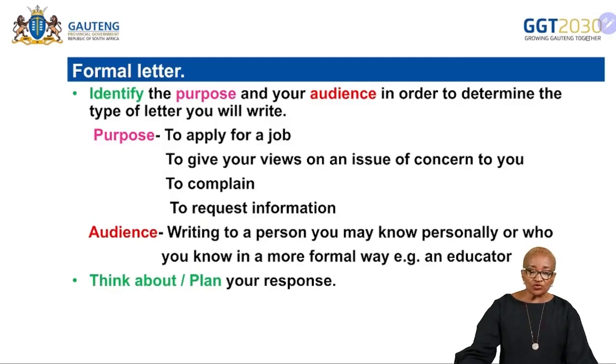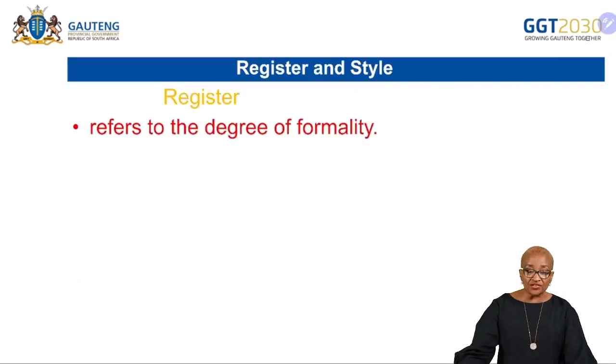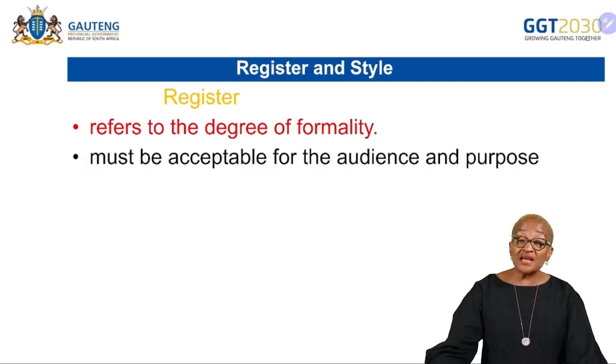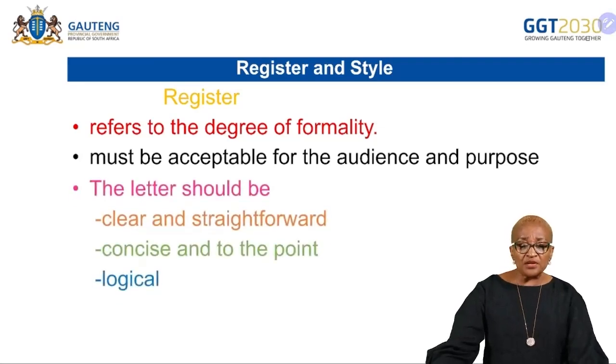Think about and plan your response. What is the register? This refers to the degree of formality. It must be acceptable for the audience and purpose. The letter should be clear and straightforward, concise and to the point. It also has to be logical.